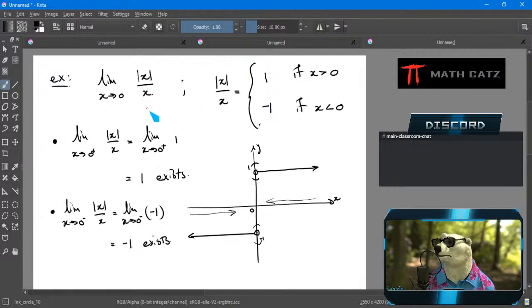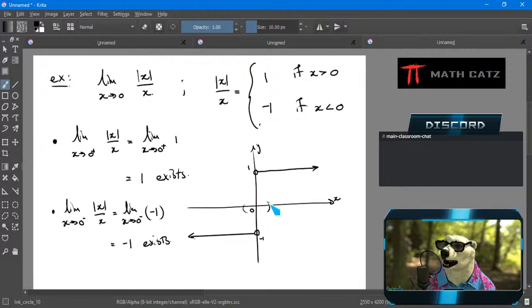But the two-sided limit is asking the same question. The two-sided limit is asking, can I contain my y values closely around a number by just honing in on the x value around the x value of 0.